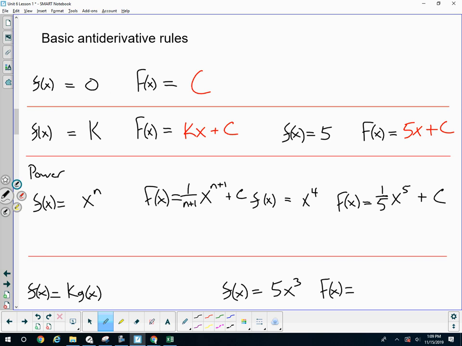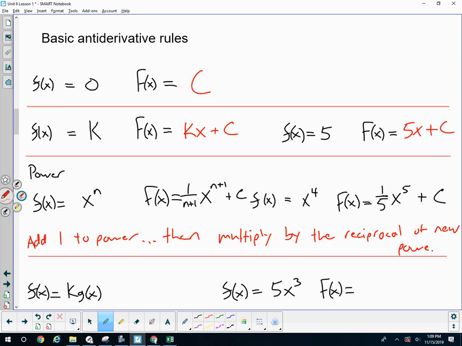The process for antiderivatives is add 1 to the power, then, after you've added 1 to the power, multiply by the reciprocal of that new power. Okay?